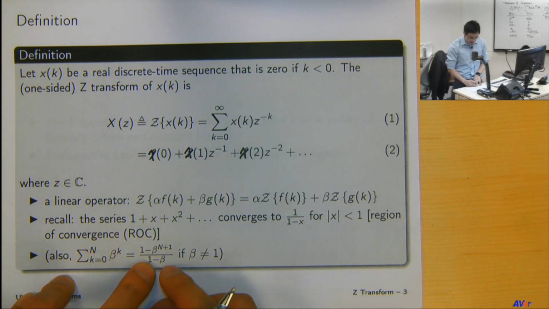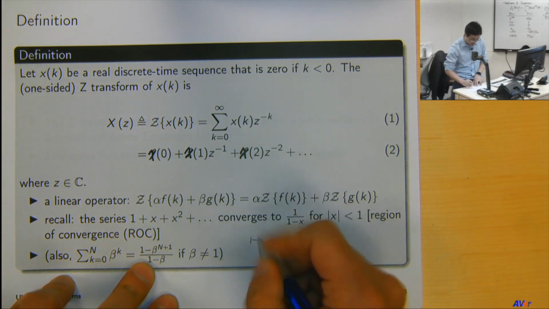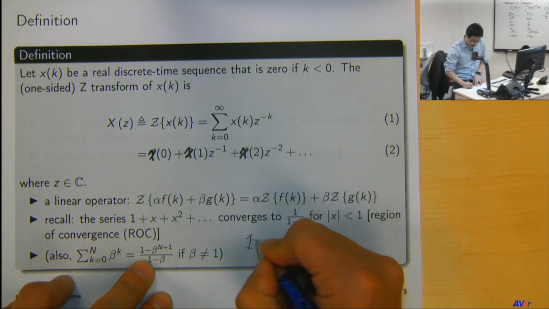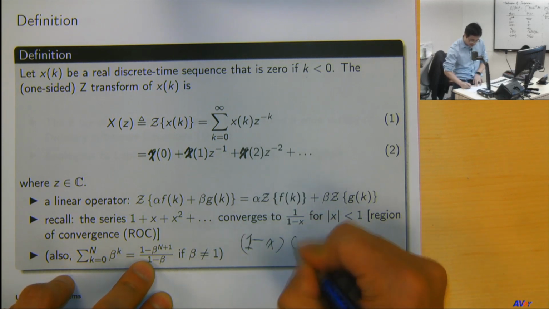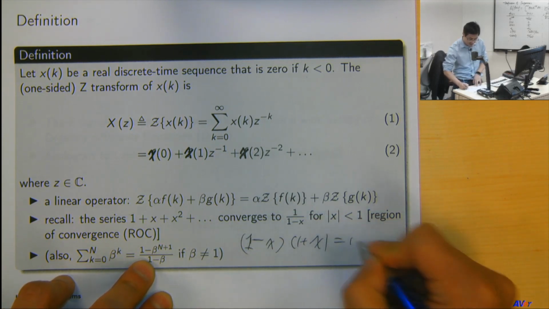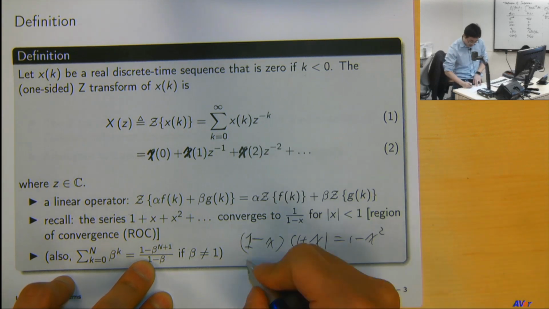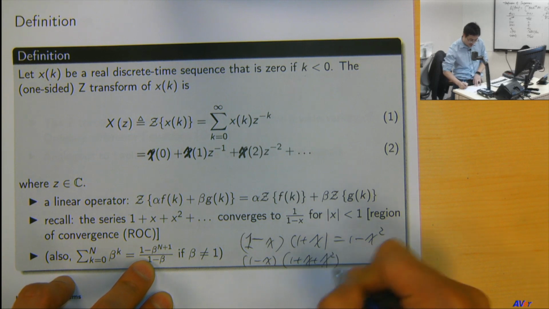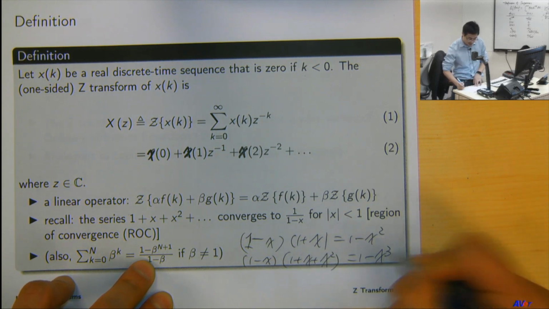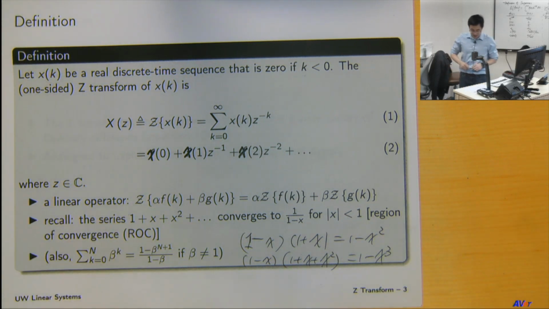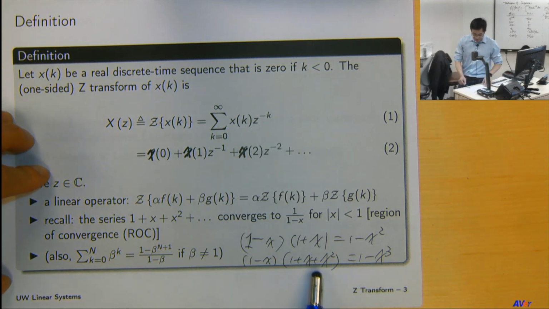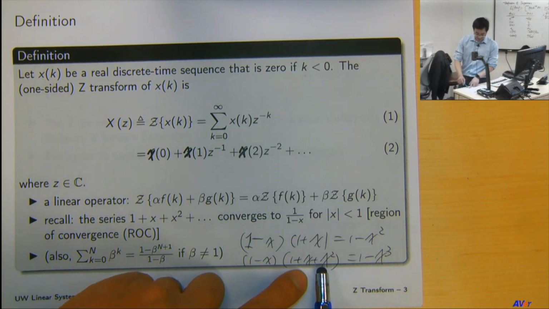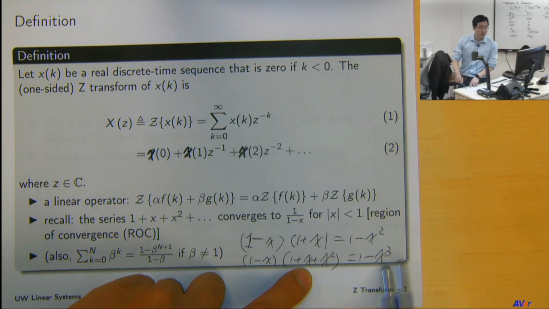calculus that if I have 1 minus x times 1 plus x, it is 1 minus x squared. If we have 1 minus x times 1 plus x plus x squared, it is 1 minus x to the power of 3. If you keep adding terms here, then you're going to get 1 minus x to a power of however many terms there are.